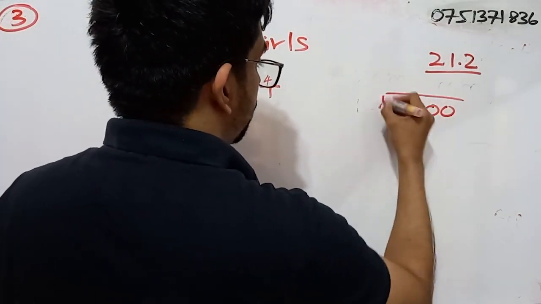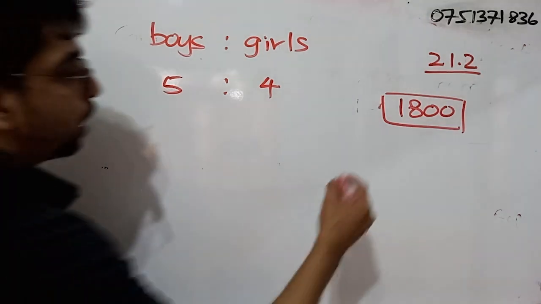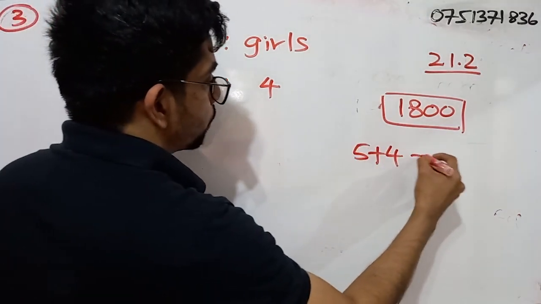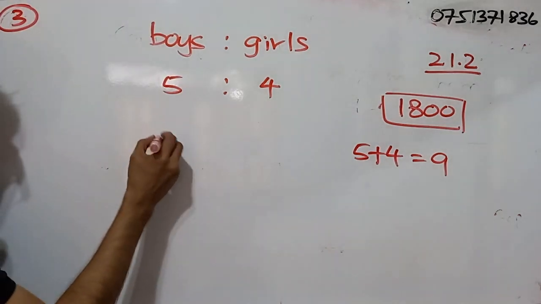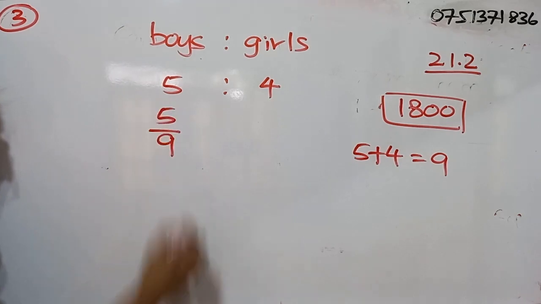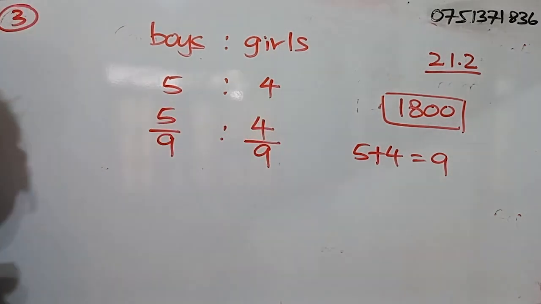This is the total number of students. Find the number of boys and the number of girls that are in the school. Right. So what is the total number of parts? 5 plus 4. So we get 9. So from 9 parts, 5 are what? Boys. And from 9 parts, 4 are what?